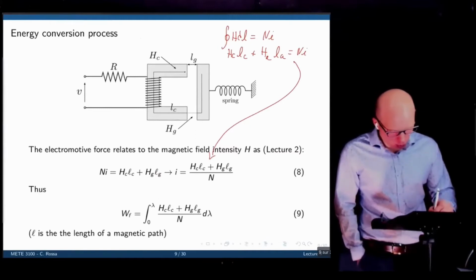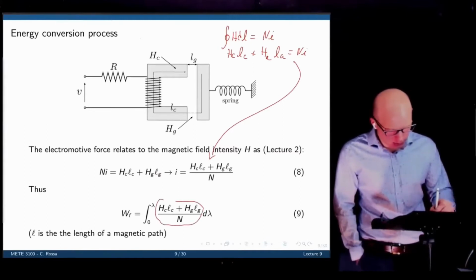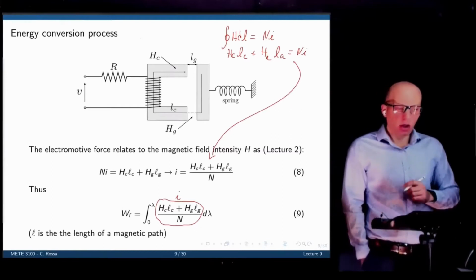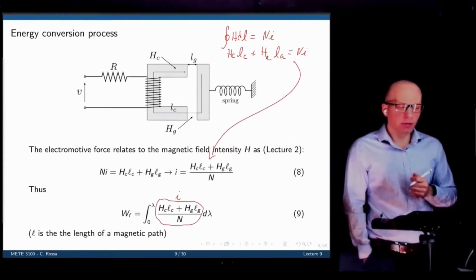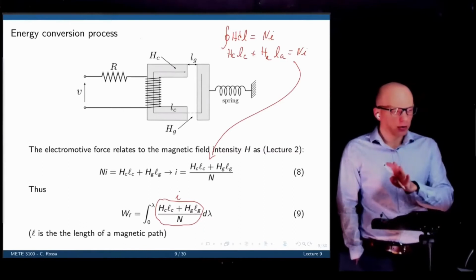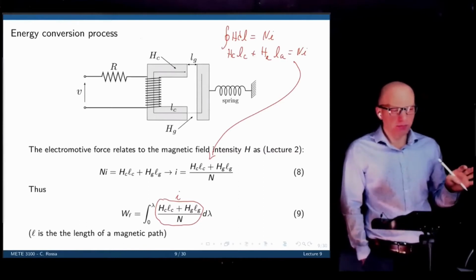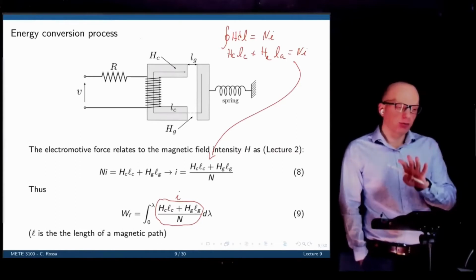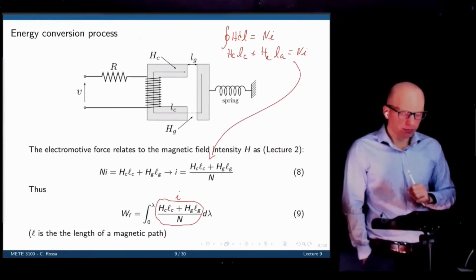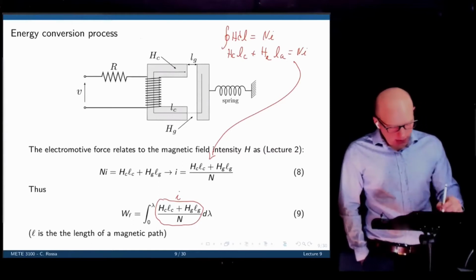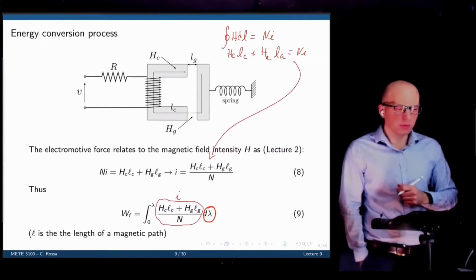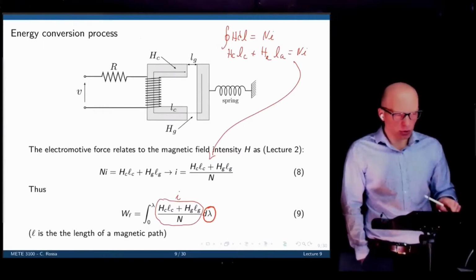So this whole part here is the current I. Again, L is the length of the magnetic path for the core and for the air gap, and H is the magnetic field intensity for the core and for the air gap. Now that we have done that, we still have the lambda to define. So let's work on that one now.